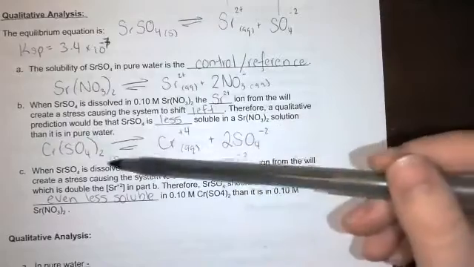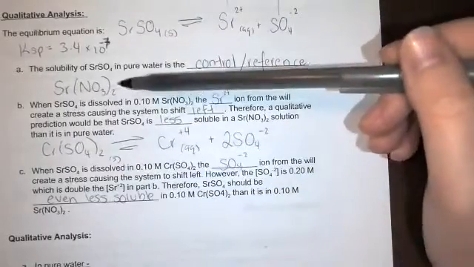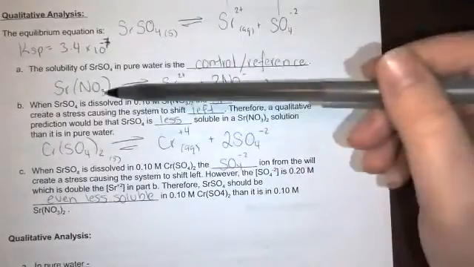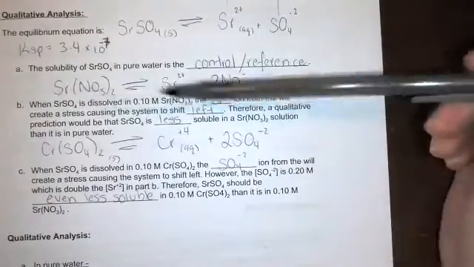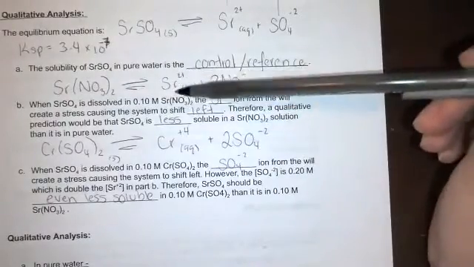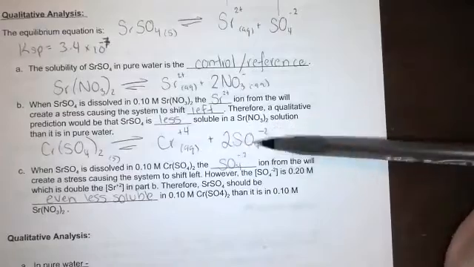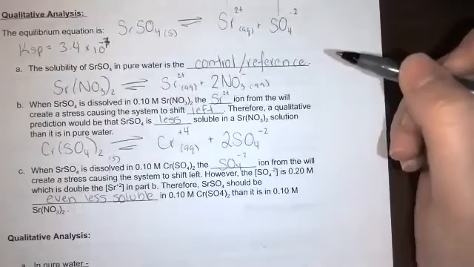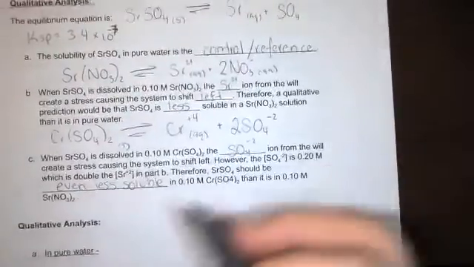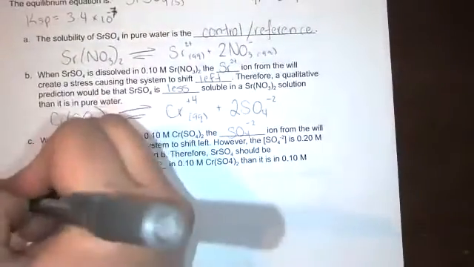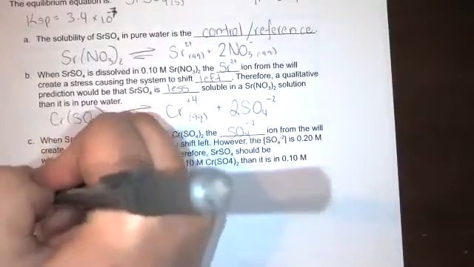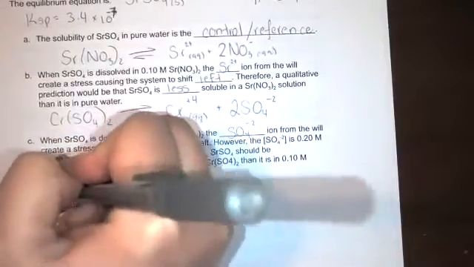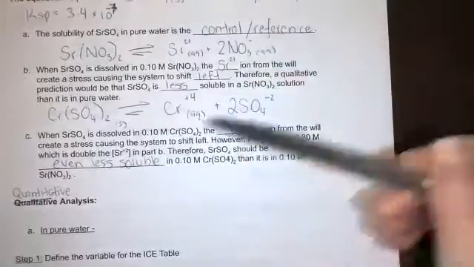So it is less soluble in this condition than it would be if I had added it to strontium nitrate. Because my strontium nitrate, even though it's adding strontium ions, it's not adding as much as my sulfate down here. So that would just be qualitative. Here, sorry, this is supposed to be quantitative. So this is just more looking at the theory.